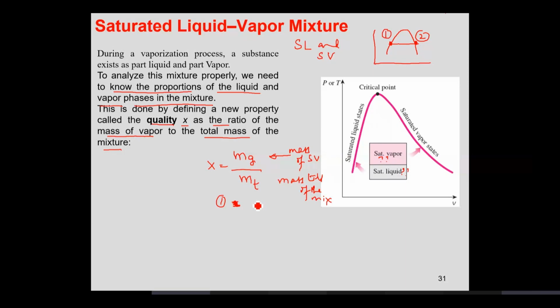Zero. All right, it would be 0. So what would be the value of x? X would be 0.